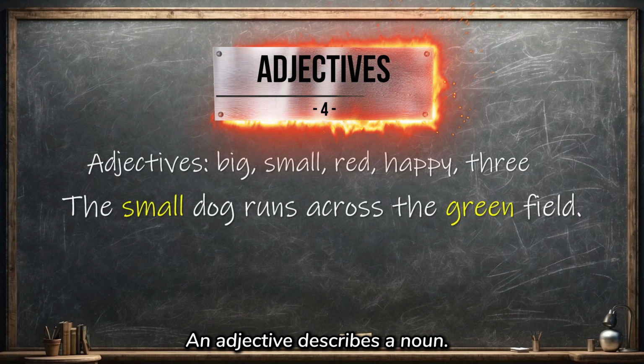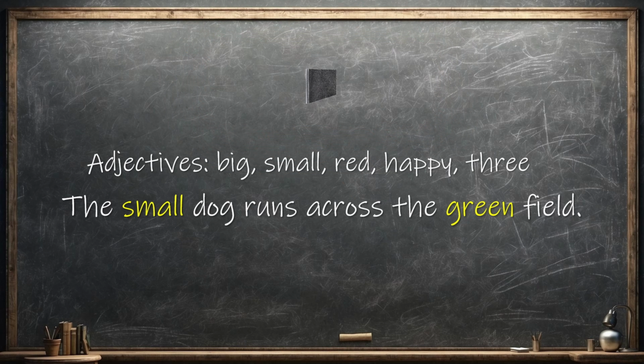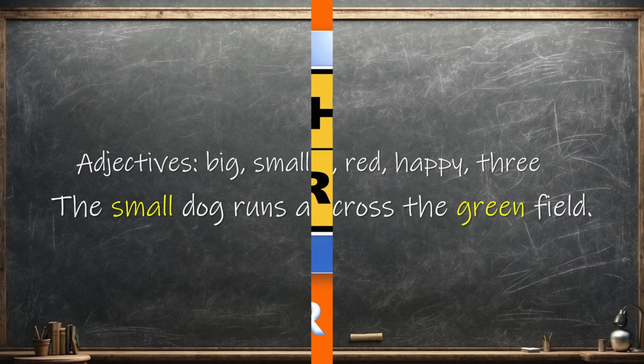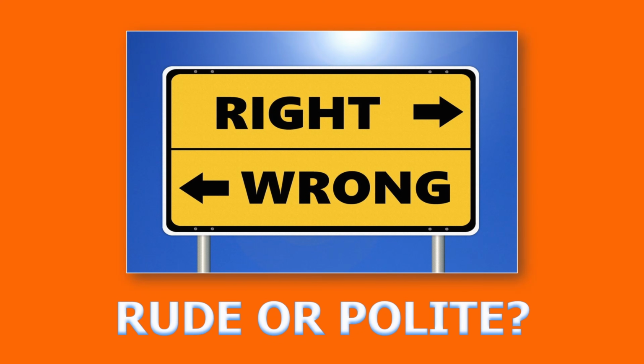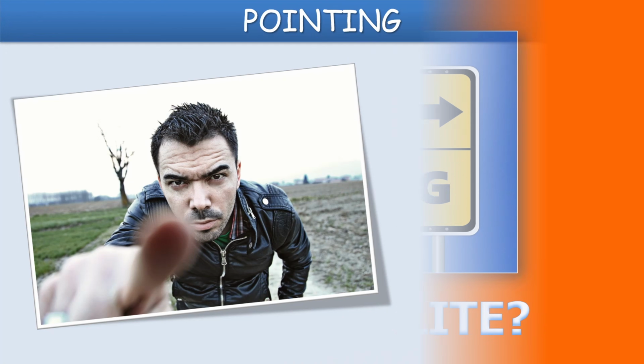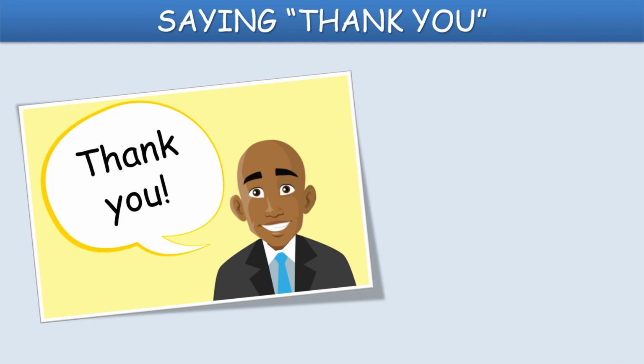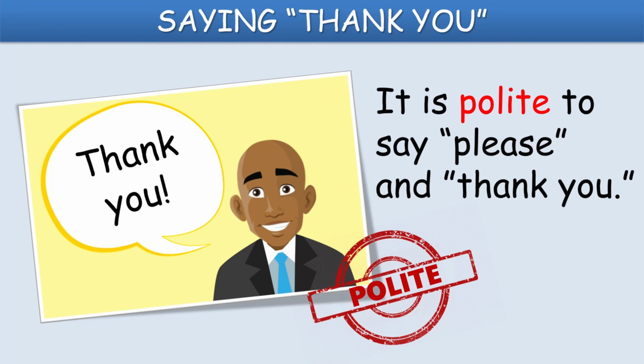An adjective describes a noun. It tells us what kind, which one, or how many. Take a look at how I teach the adjectives rude and polite. I show a picture and ask my students whether what they see is rude or polite.